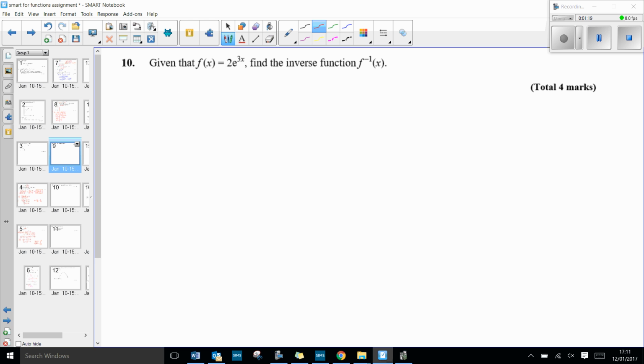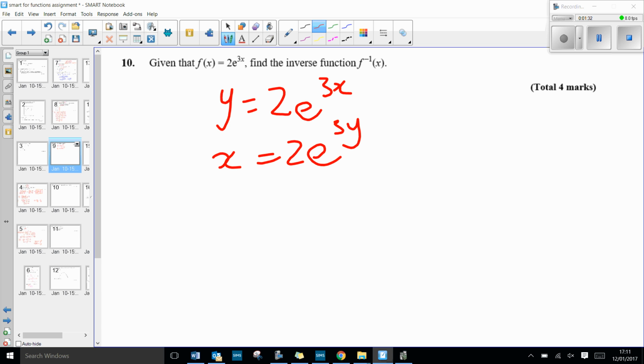Inverse functions, so we would say y equals 2e to the 3x, then x equals 2e to the 3y. Our unknown is in our power. Okay, so we need to take logs of both sides, but this 2 needs to move first. So we're going to move that to the other side.